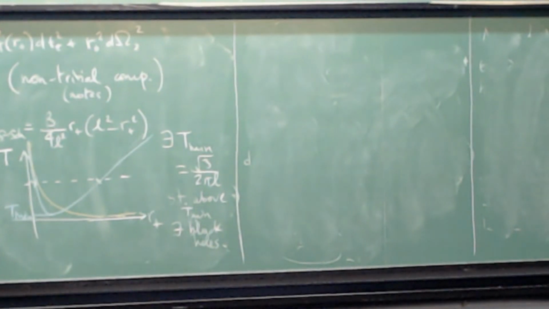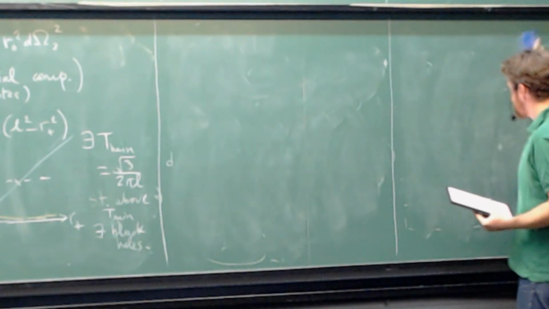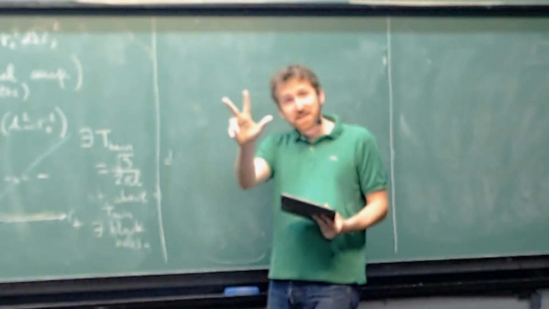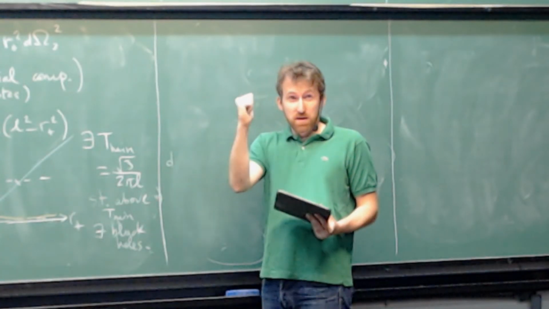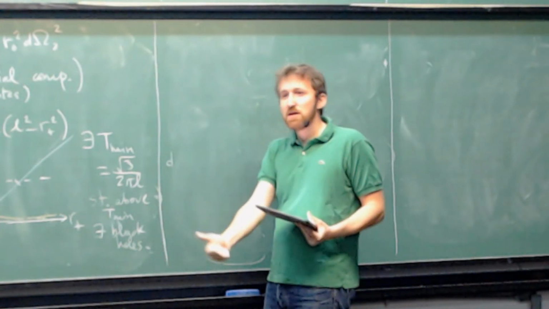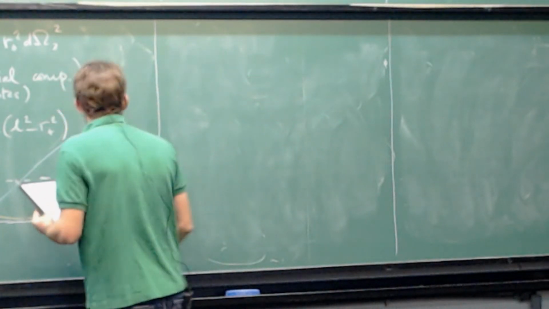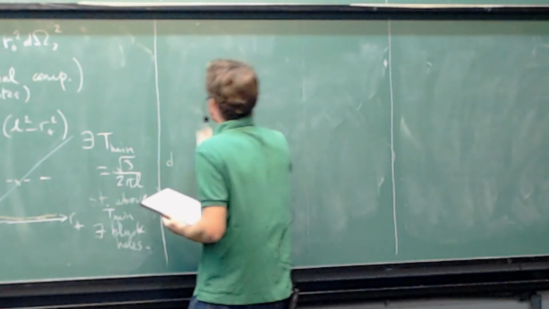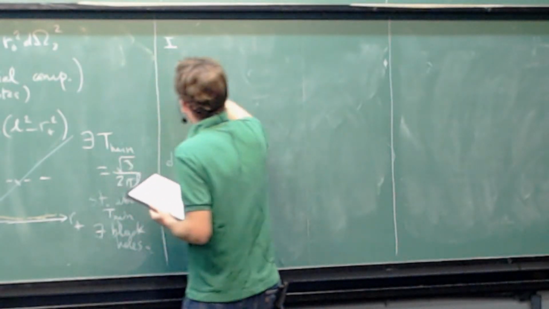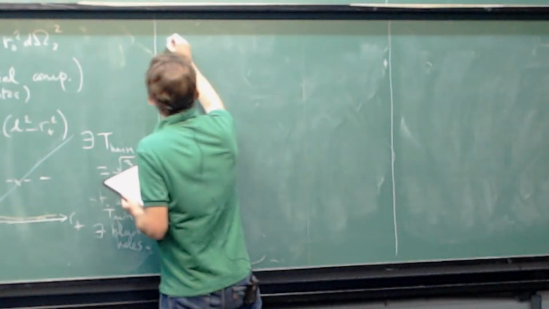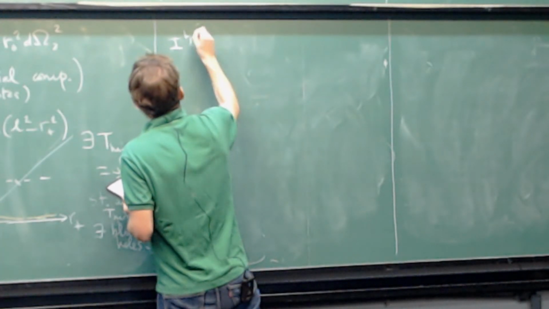Now I've shown that at fixed temperature, so in the canonical ensemble, there are really three saddles. There is AdS, AdS Schwarzschild small, AdS Schwarzschild large. So I need to compute the action of all these solutions. The action of AdS is just 0. And then I can compute the action of the large and the small black hole.